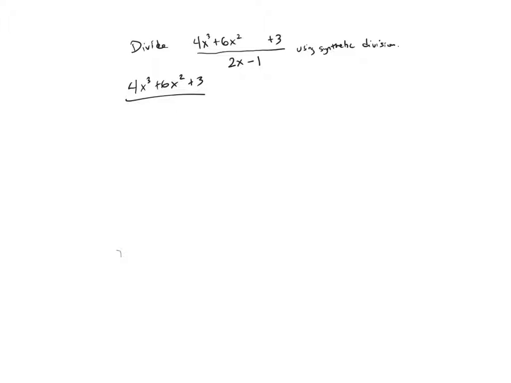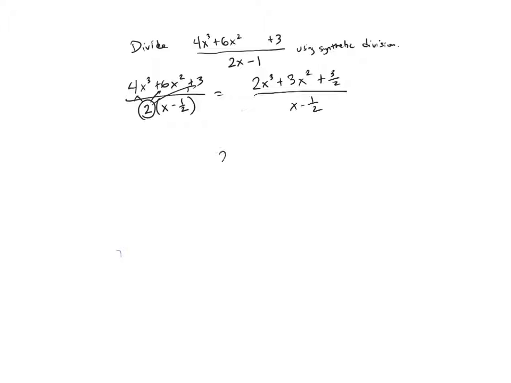The way we're going to do that is we're going to split out that coefficient that's on the x, and then divide it into each of the terms on top, and then go through the synthetic division process with the x minus 1/2, and then we're going to get a good result.